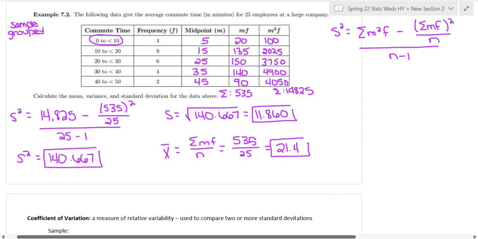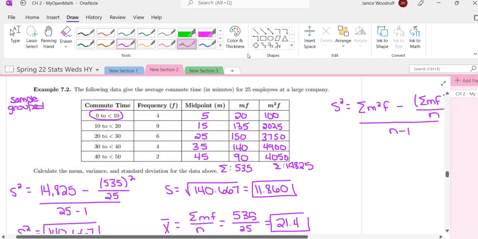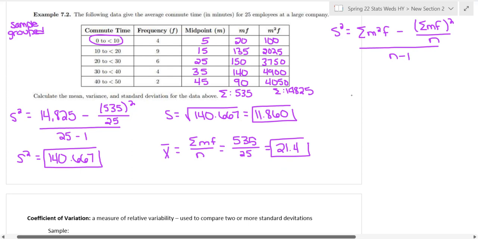In your calculator, you need to put these in lists. In L1, you're going to put your midpoints. So you still have to find your midpoints. And then in L2, you're going to put your frequencies.